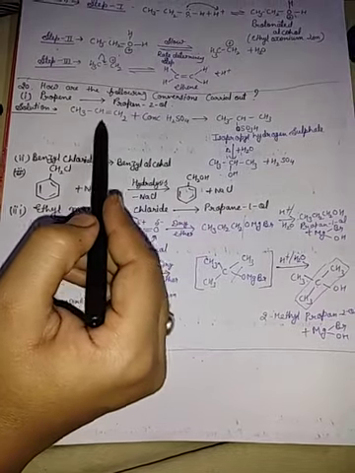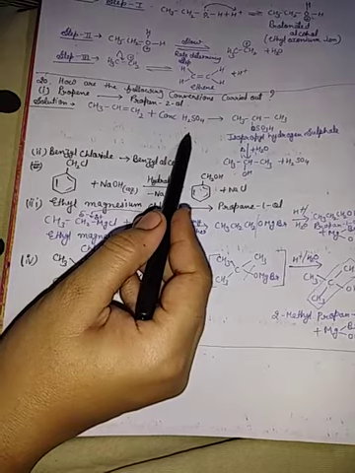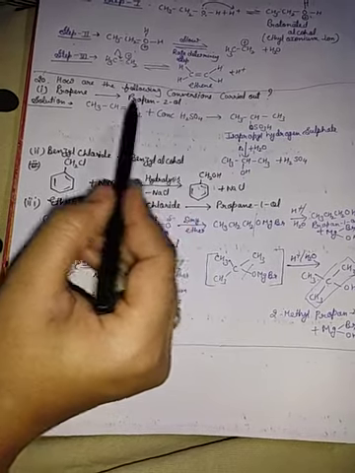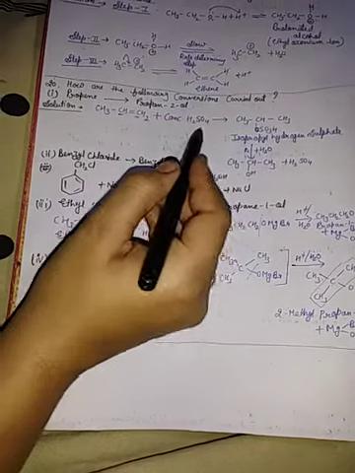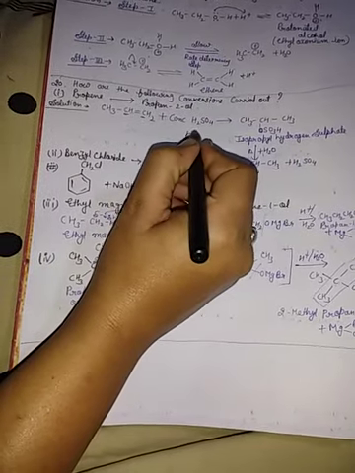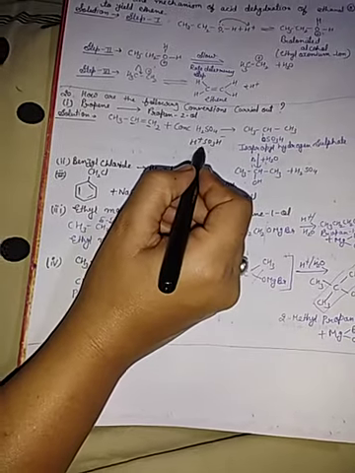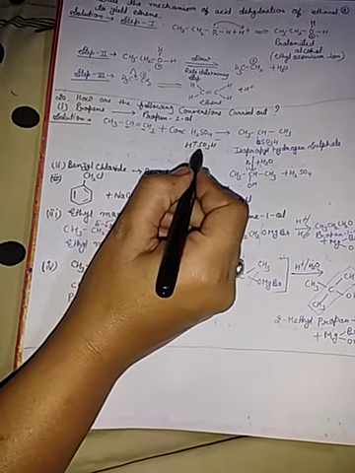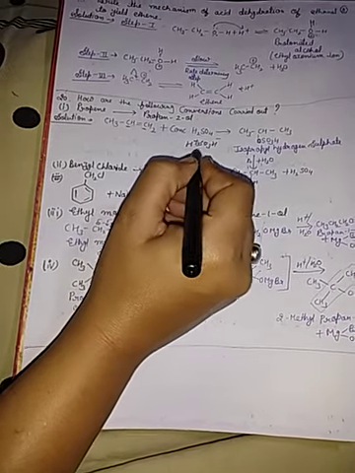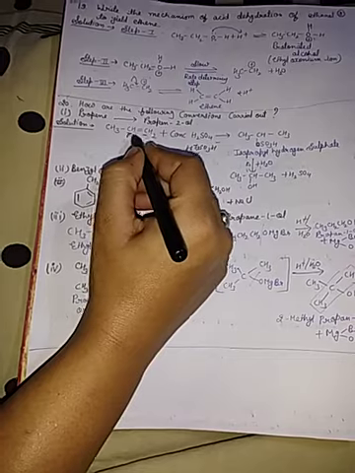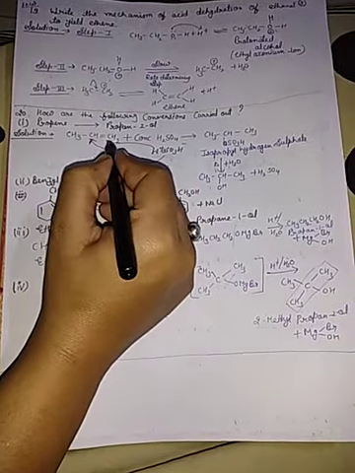Whenever propene, or any alkene, reacts with H2SO4, it gives OSO3H. See the double bond carbons: H2SO4 gives H+ and SO3H-. So SO3H- attaches as OSO3H to the carbon with fewer hydrogens, and H+ attacks the CH2.